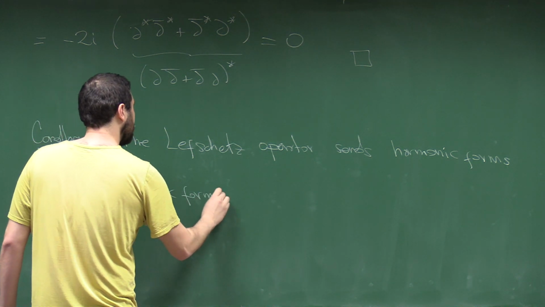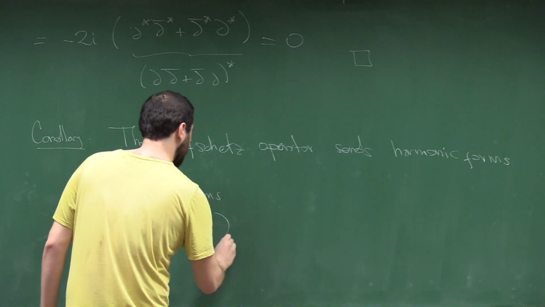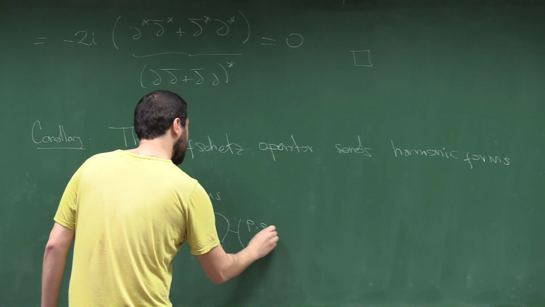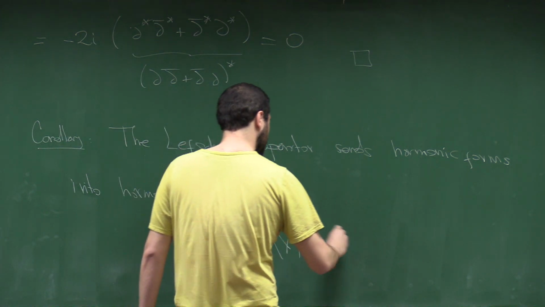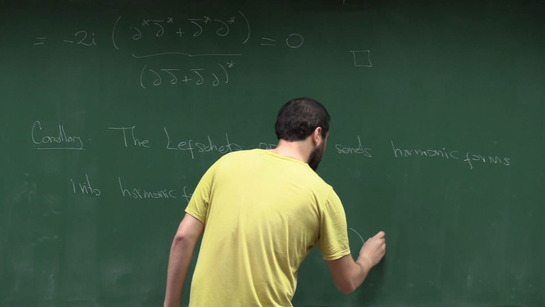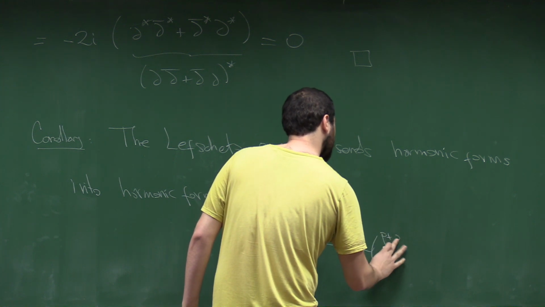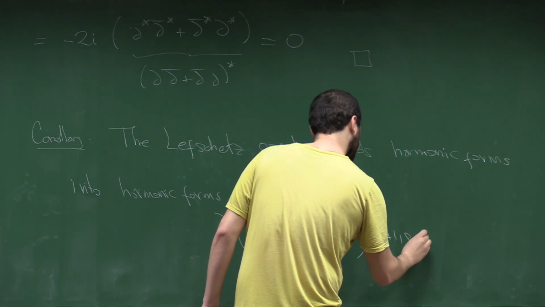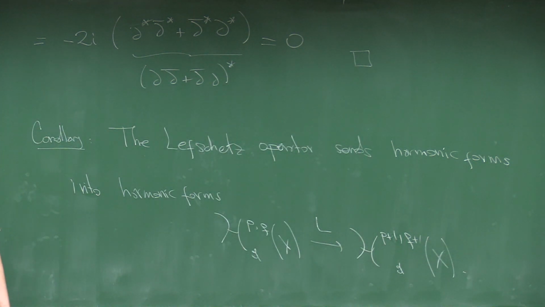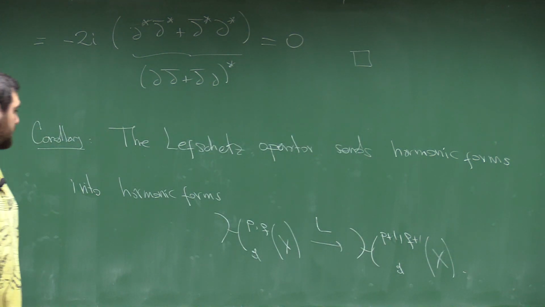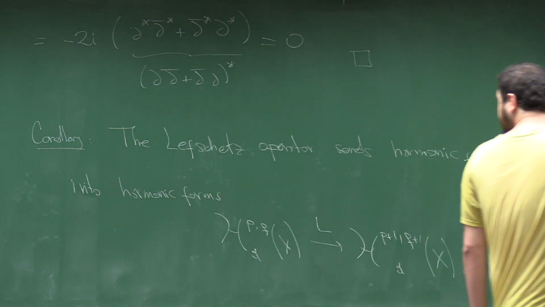So it induces a map from H^{p,q}_d(X) to H^{p+1,q+1}_d(X). Right? Okay.